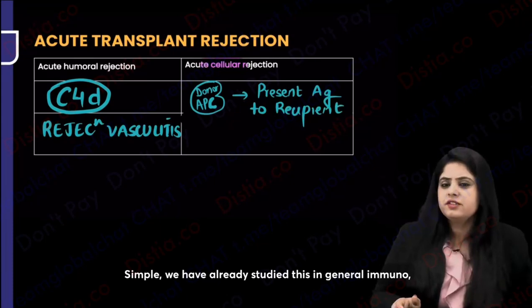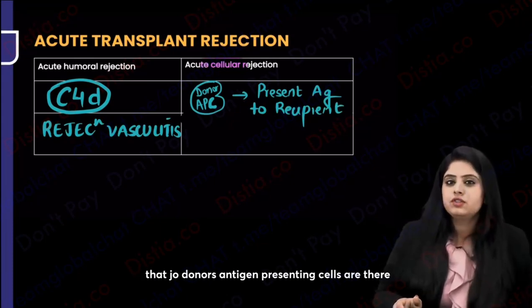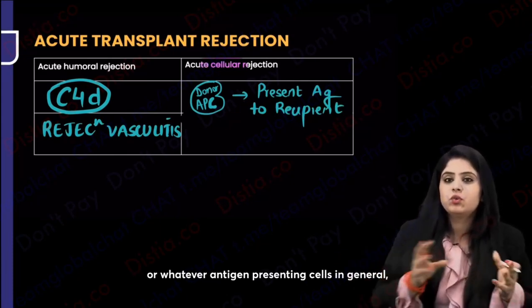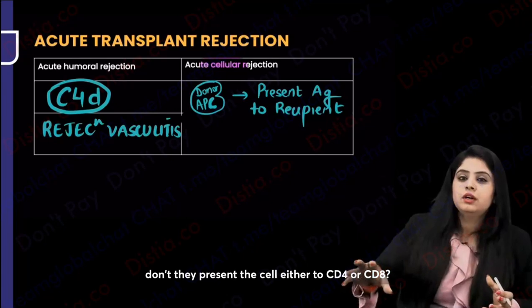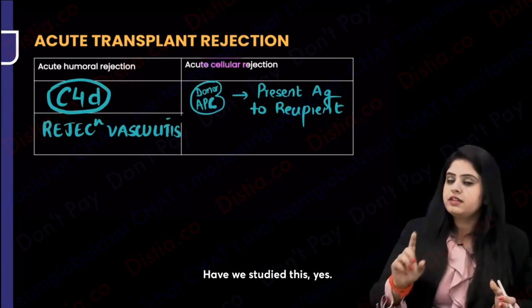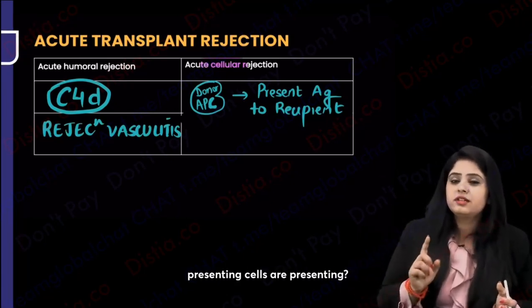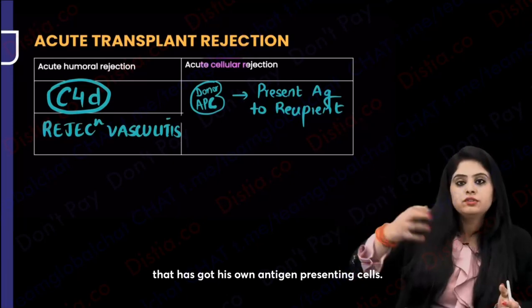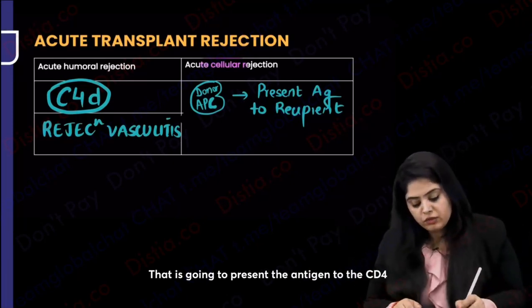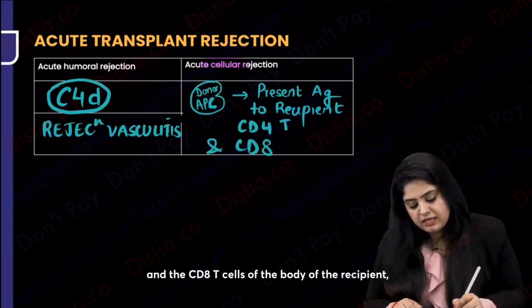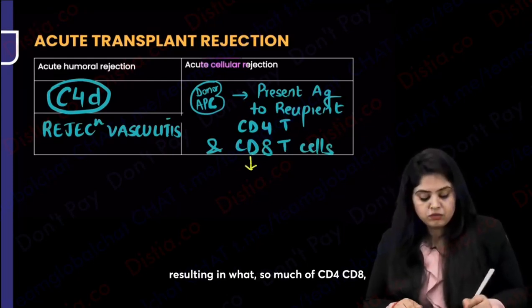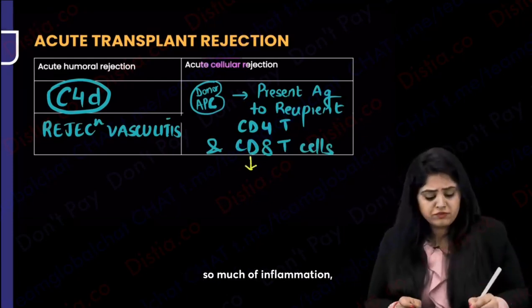We've already studied this in general immunology: antigen presenting cells present the antigen either to CD4 or to CD8. Have we studied this? Yes. So this time, whose antigen presenting cells are presenting? The donor kidney that has been put has got its own antigen presenting cells. That is going to present the antigen to the CD4 and CD8 T cells of the recipient, resulting in so much of CD4, CD8, so much of inflammation.